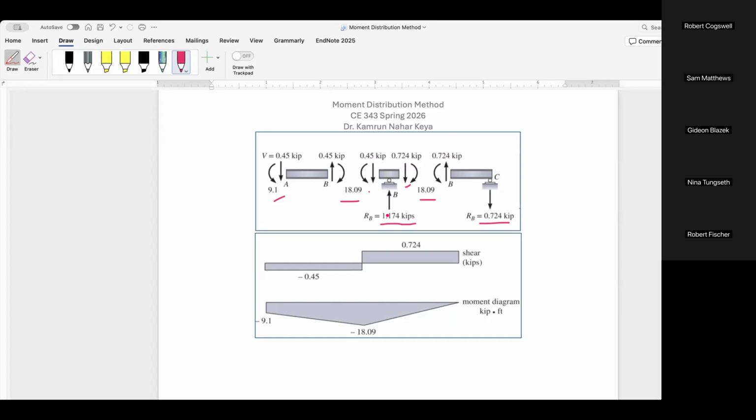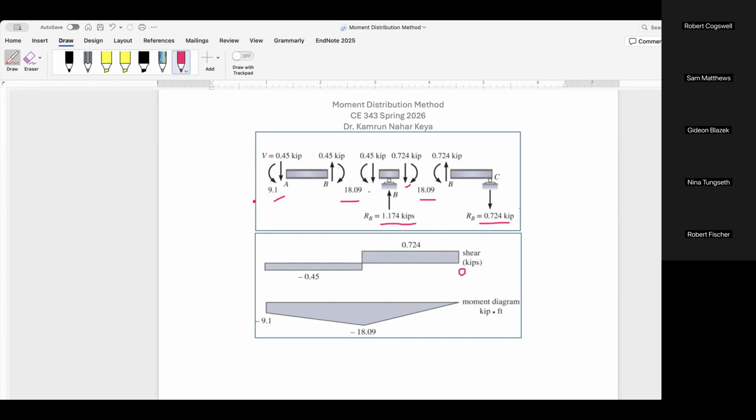And now just draw the shear force diagram. I'm expecting you know how to draw a shear force diagram. So 0.45 downward, then it goes up, and for this one you have the values and then get something. You'll get 0. And then what will be the moment?